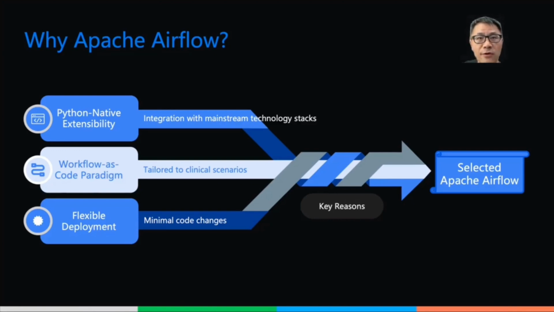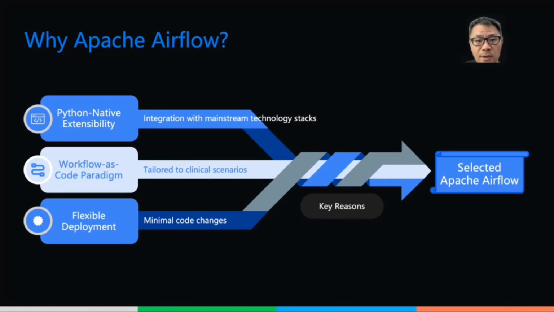As I mentioned before, complex branching, SLAs, retries, and clear escalation paths can be tailored to fit different clinical scenarios. In the second part, Huiliang is going to show you how we use external task sensors to enforce clinical ordering across different systems.